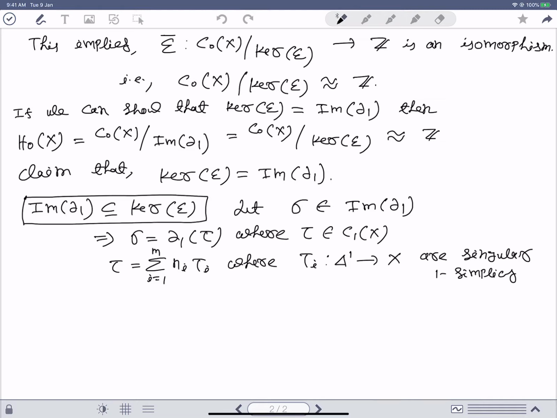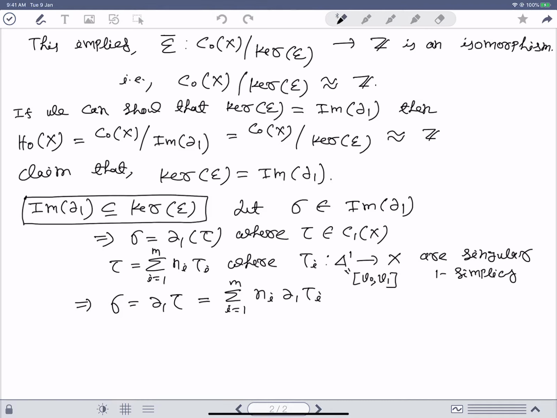Okay. So that's mean sigma equal to del 1 of tau, that is summation i equal to 1 to m n_i del 1 of tau_i. Okay, so this del 1 we can write this as, say, v0 v1.